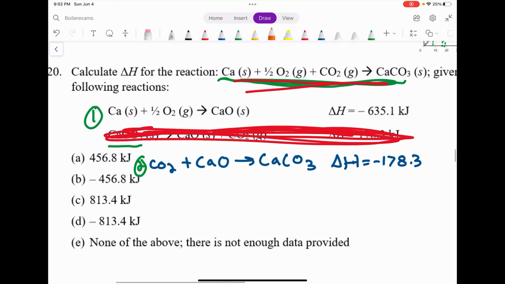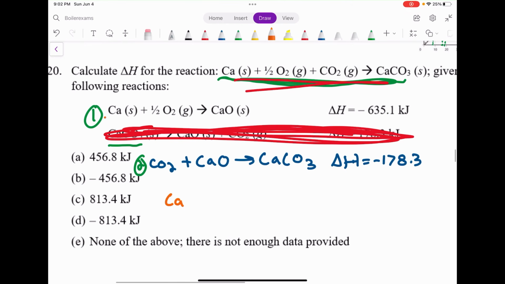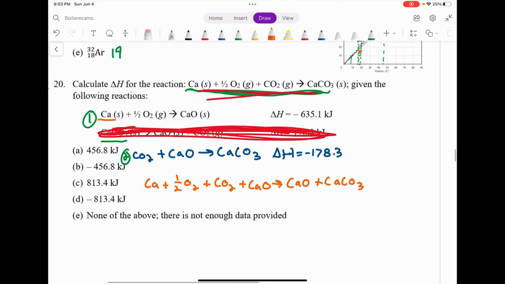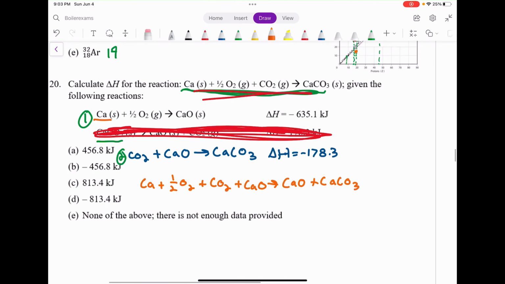So if we add them together, I'm just adding together the reagents of that first equation plus the reagents of the second equation. And then now we're on to products. And we can now add together their delta H's.